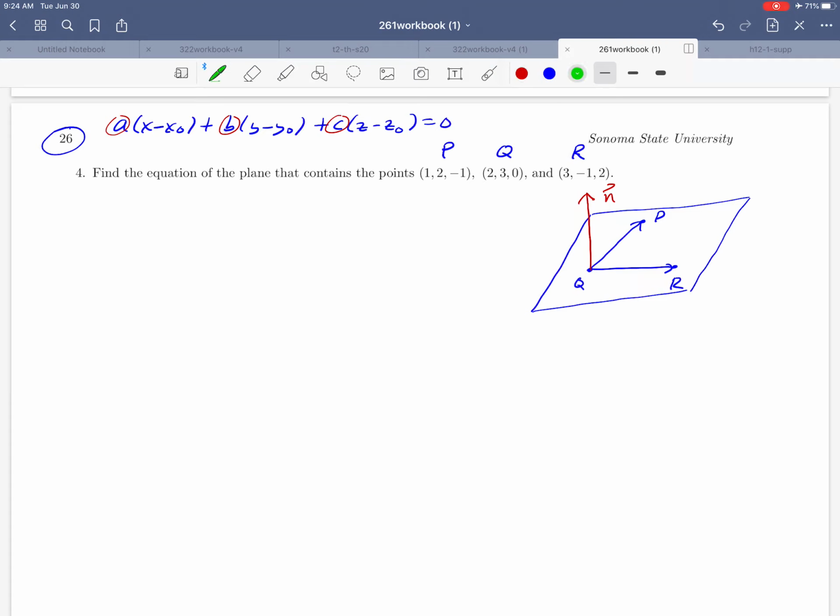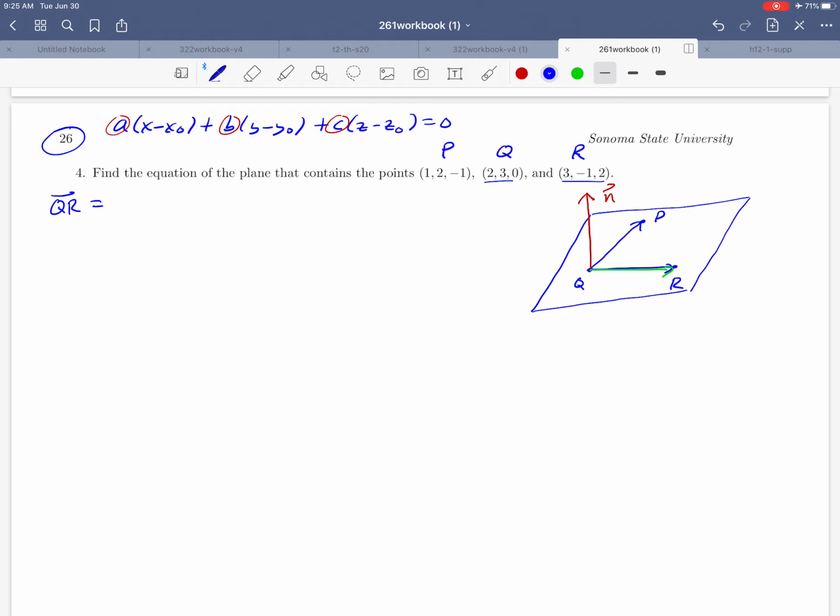All right, so let's start with the vector QR that goes from here to here. How would we write down its components? Well, from Q to R, we're starting at Q and ending at R, so we just need to subtract coordinates to get that vector.